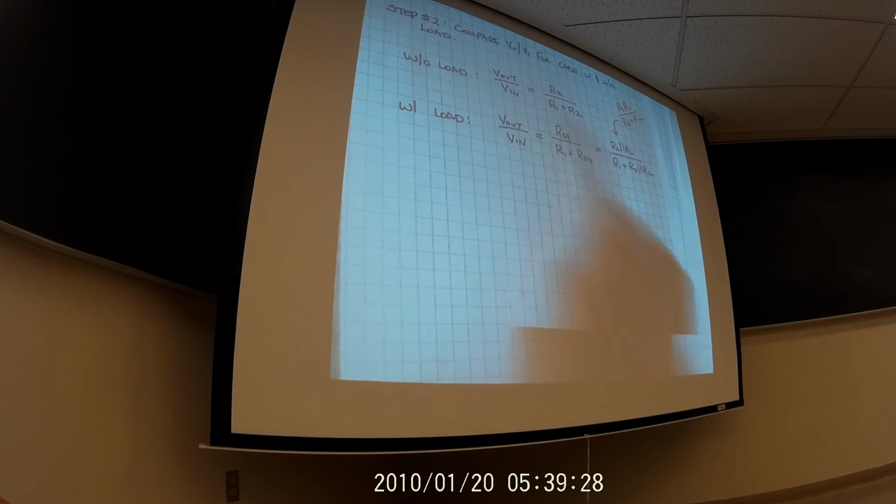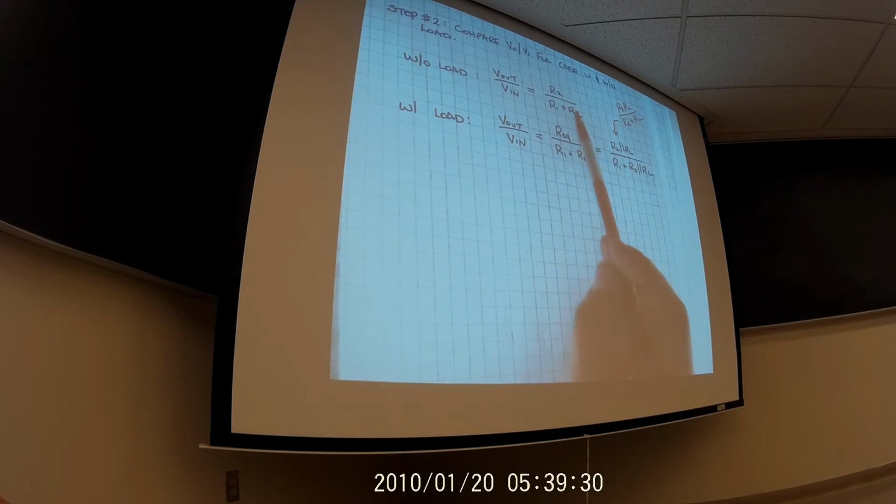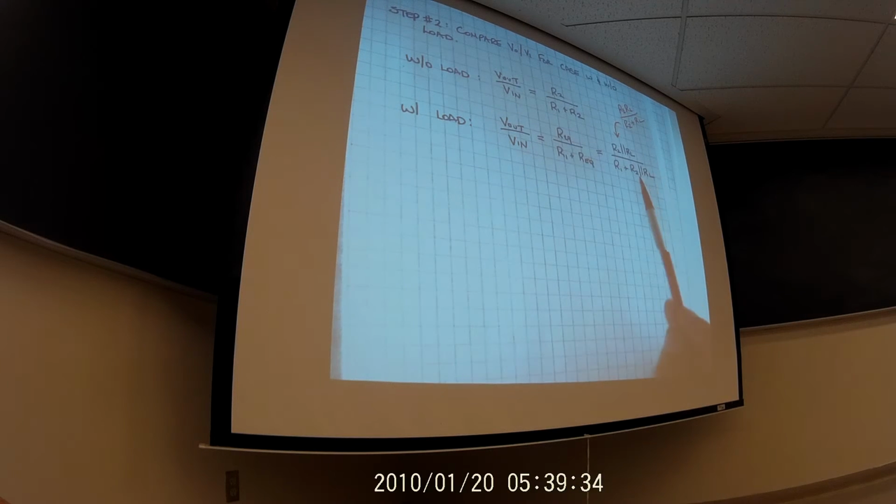So that's the difference. Okay, this is what the output and input voltage ratio is going to be when we don't have a load, and this is what the output and input voltage ratio is going to be when we do have a load. So you can see that there is a difference. I don't think these two expressions necessarily tell us, not from eyeballing, which direction it's going to go in.